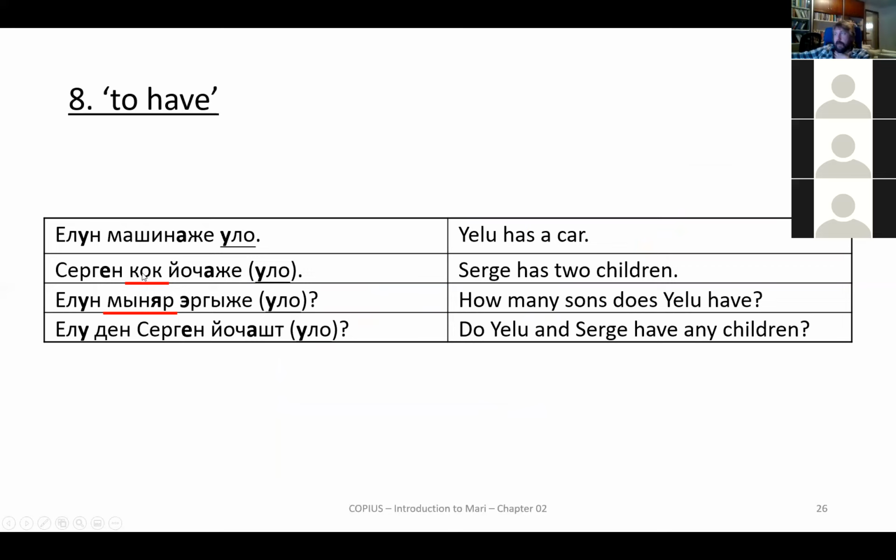But if you have, like in this case, no quantifier, when we say "Yeluden Sergei yochasht," the Mari native speakers also thought that works fine without the ulo. It would be better with it, but you don't actually need it. If you just end the sentence after "Yelun mashinage," this just sounds like Yelu's car, and then you wonder, yeah, what about Yelu's car? Where's the additional information coming?